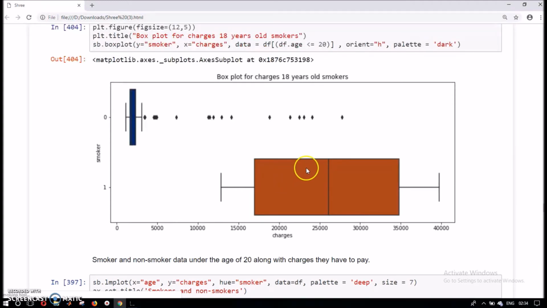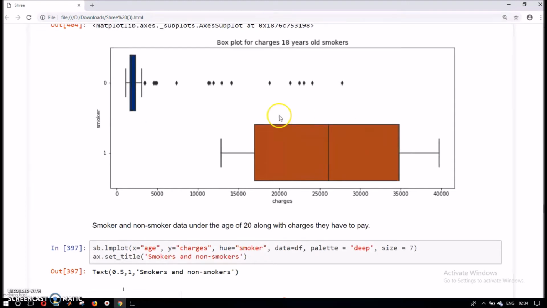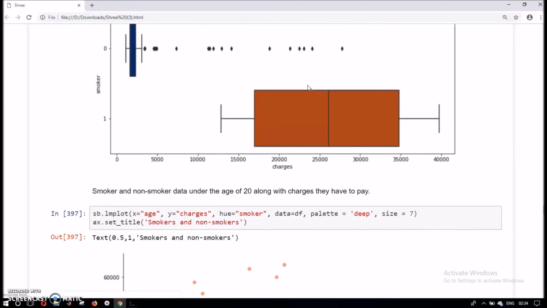In this younger age also, they have to pay a way too big sum if they smoke, and a very small one if they don't. These small tails that you can see here in non-smokers correspond to some big diseases they might be suffering with. Now let's try to analyze the overall trend of charges in all age groups.